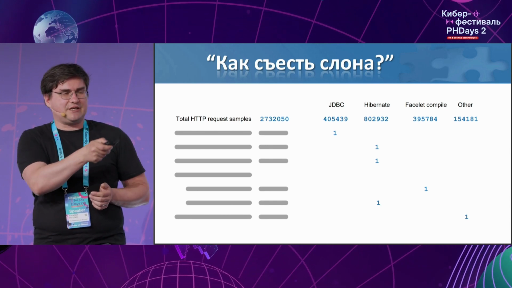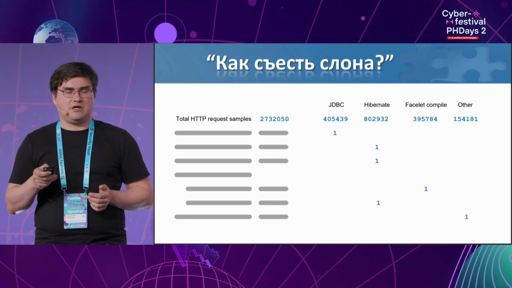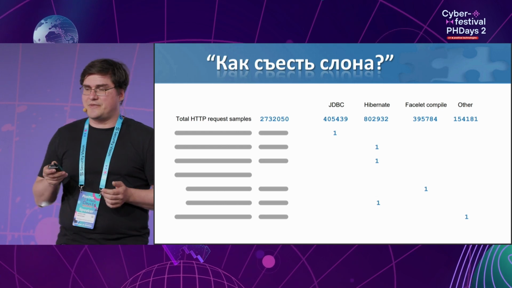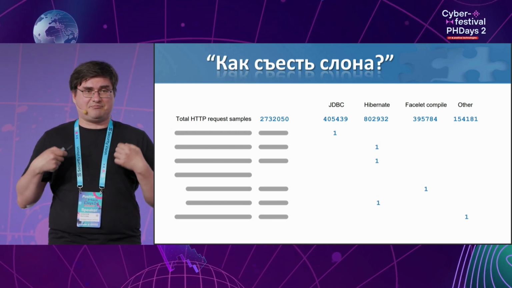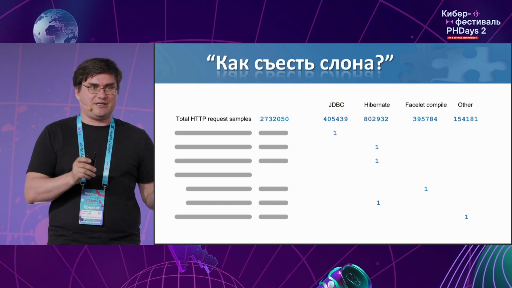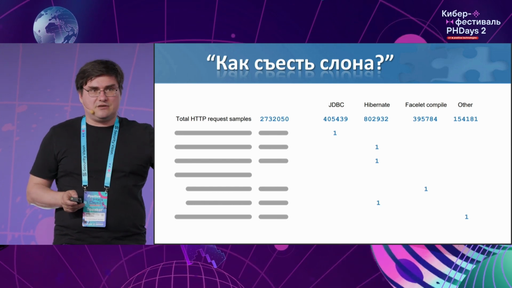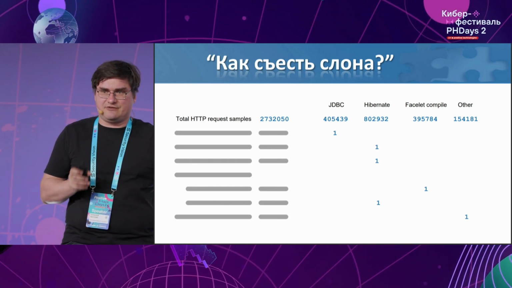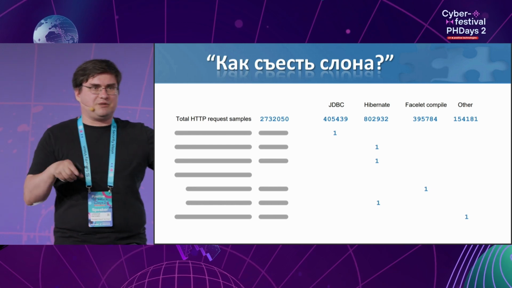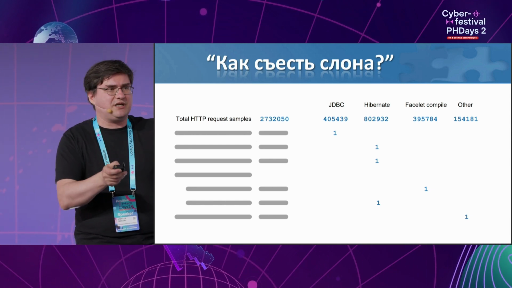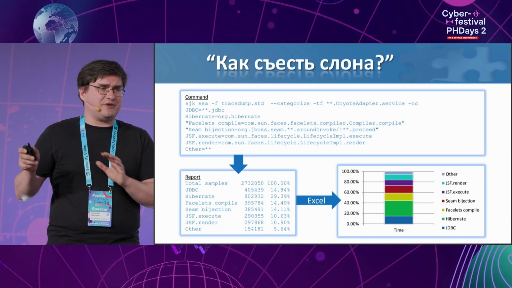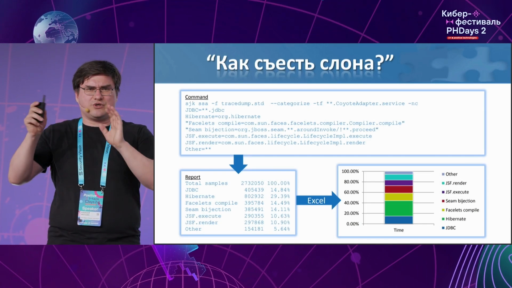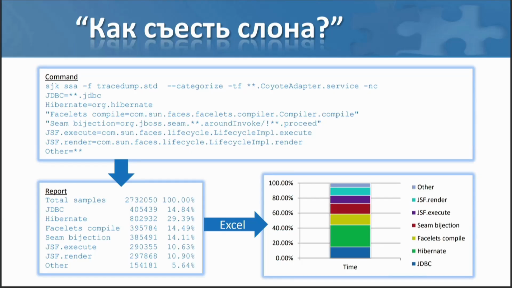Everything is then summed up, and you get the number of samples. And we get the number of samples that are relevant for each of the subsystems. For instance, if your request processing is 100%, then you can split it into the amount done in the database, the facelets, and so forth.